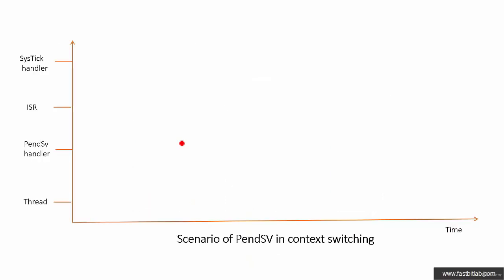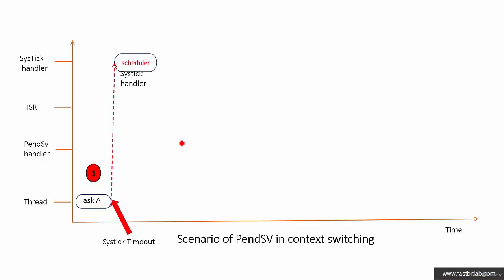Let's understand the scenario of PendSV in context switching. So, one possible scenario of how you can use PendSV in context switching. Let's say you have a task or user task running in the thread mode. That's the thread mode code. And a SysTick timeout happens. Now it's time to run the scheduler. The scheduler runs.